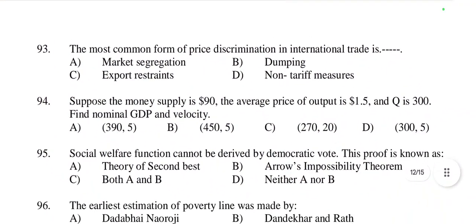Then next question: the most common form of price discrimination in international trade is market segregation, dumping, export restraints, or non-tariff measures. The most common form of price discrimination is dumping.